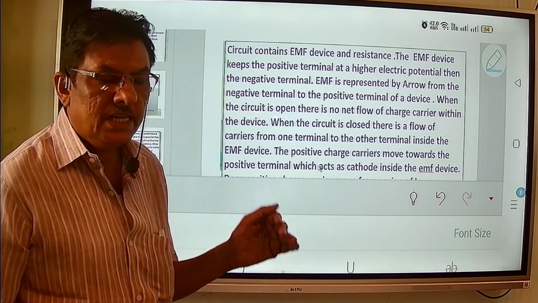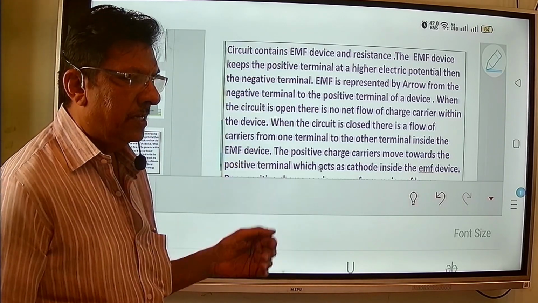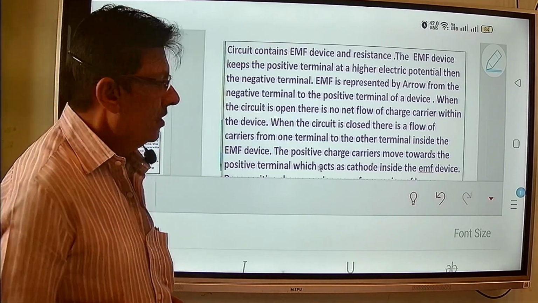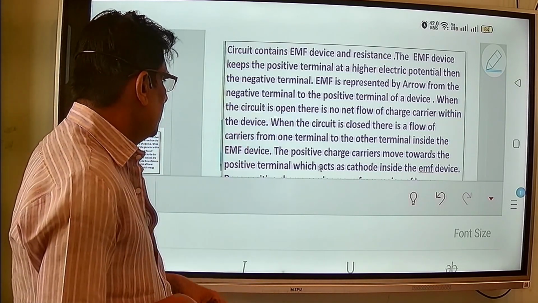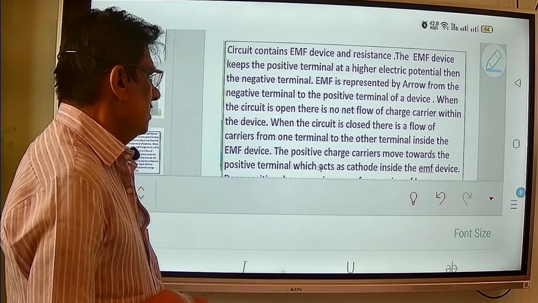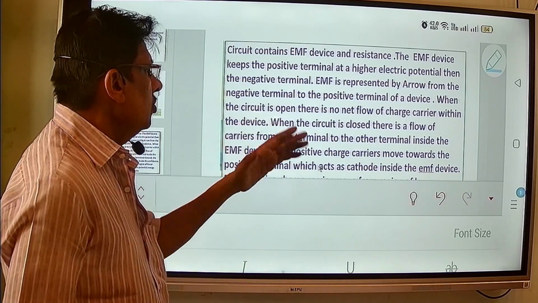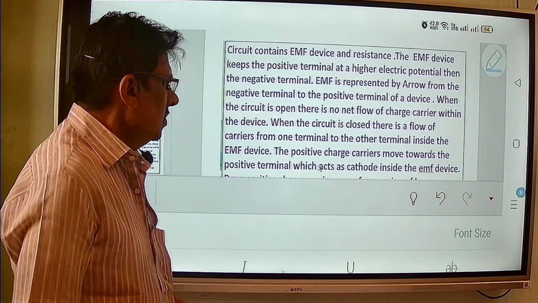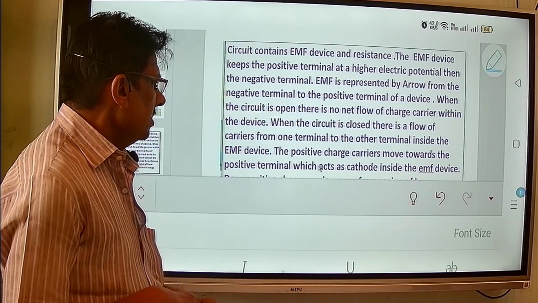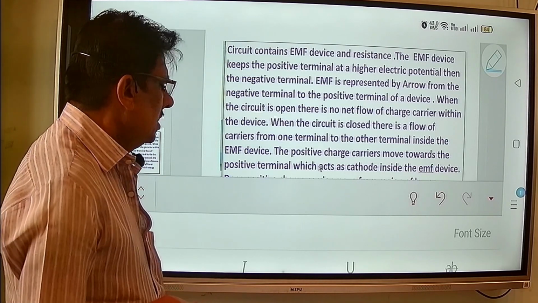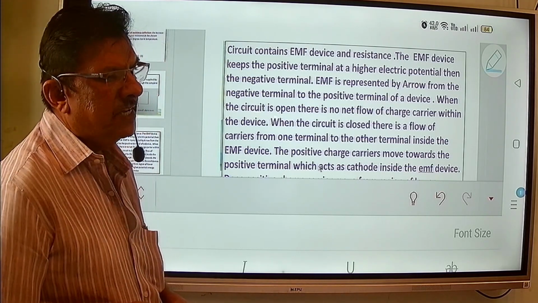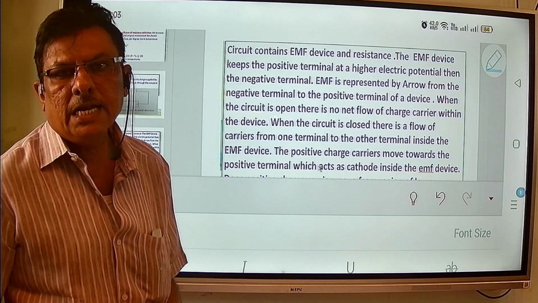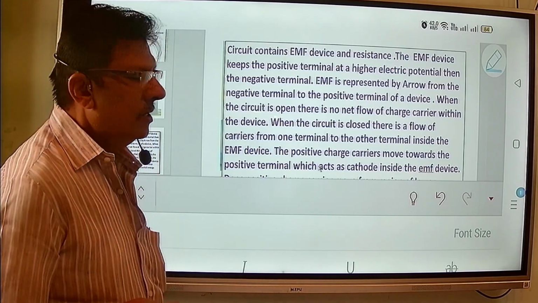But when the switch is open, we say it is switched off. When it is switched off, there is no net flow of charge carriers within the device. When the circuit is closed, there is a flow of charge carriers from one terminal to the other.